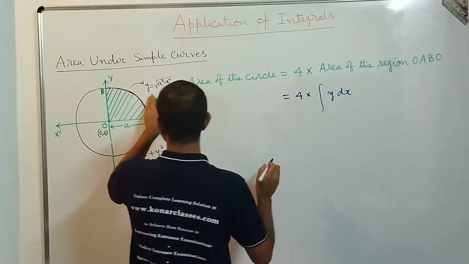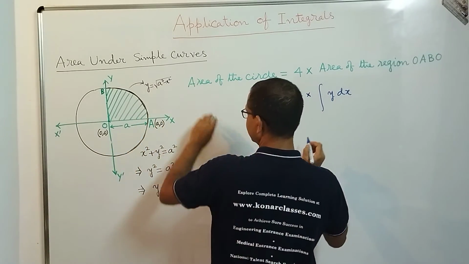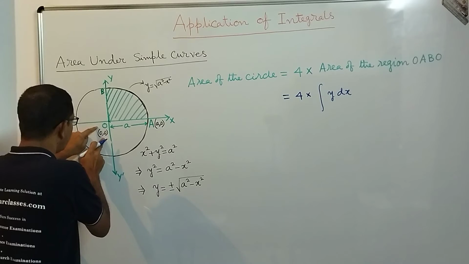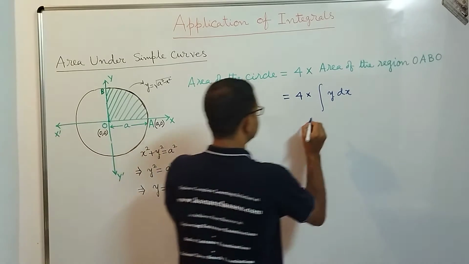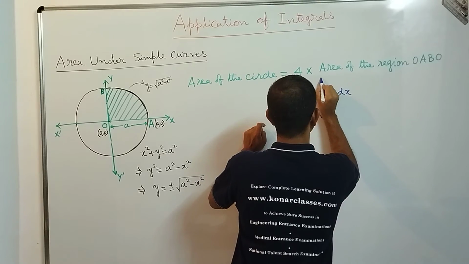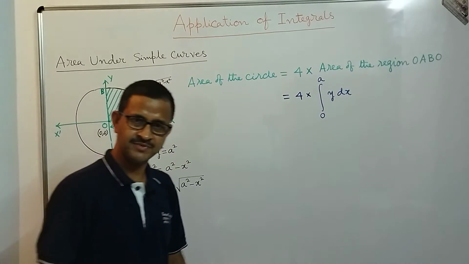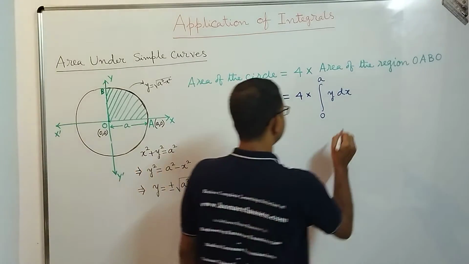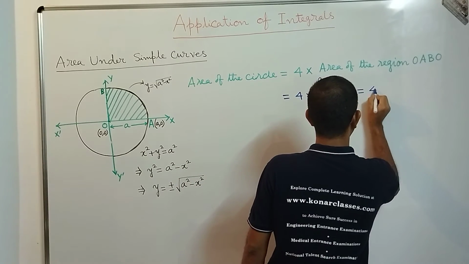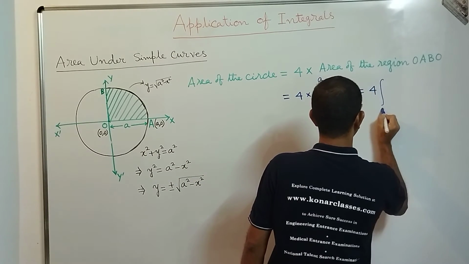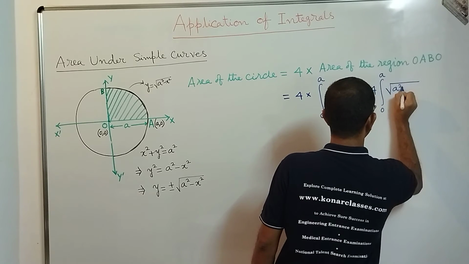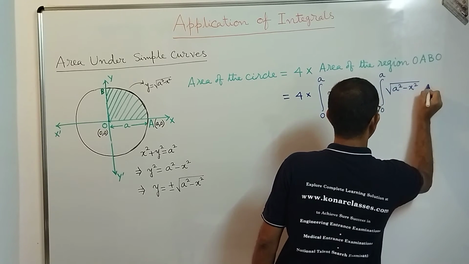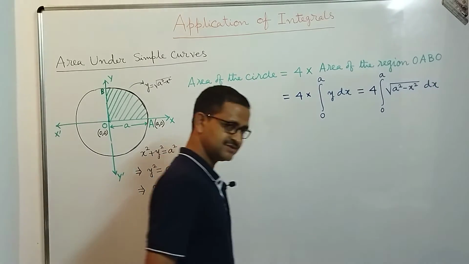Y dx means this square root of a square minus x square dx. And what will be the lower limit? The lower limit will be 0 and the upper limit will be lowercase a. So that means 0 to a of y dx, correct? So what is y? That is equal to 4 times the integration from 0 to a of square root of a square minus x square dx, correct?